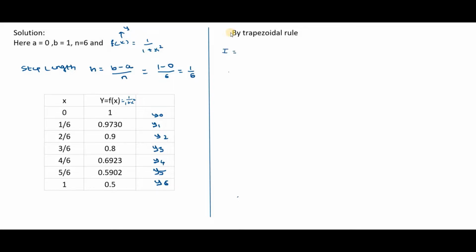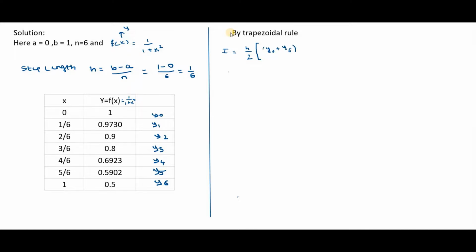Left hand side we have integration, that is I is nothing but integration 0 to 1 divided by 1 plus x square into dx, and right hand side we have to write down the formula, that is h divided by 2. The formula for trapezoidal rule is first non-repeated terms. Non-repeated terms are always first and last term, y0 and yn, and here yn is equal to y6.